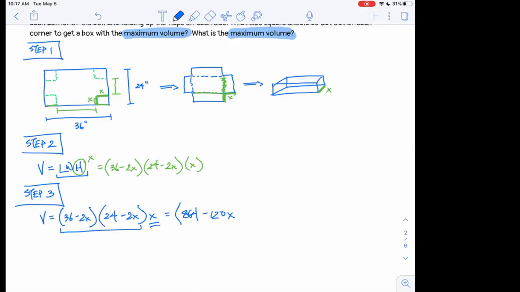And then my last terms multiply to make a positive 4x squared. And I still have that x on the end. And now I'm going to distribute this x into all three terms, and I'm going to get 864x minus 120x squared plus 4x cubed.